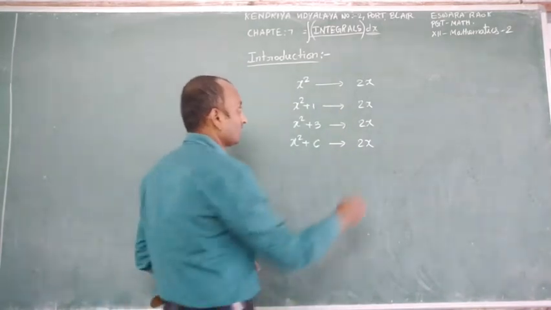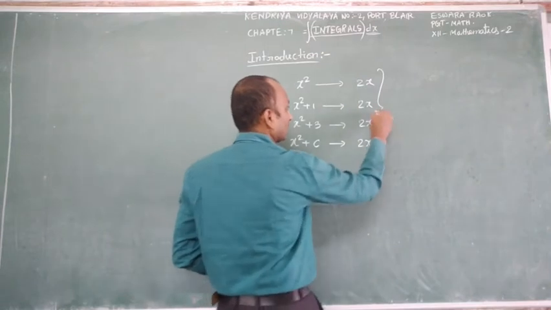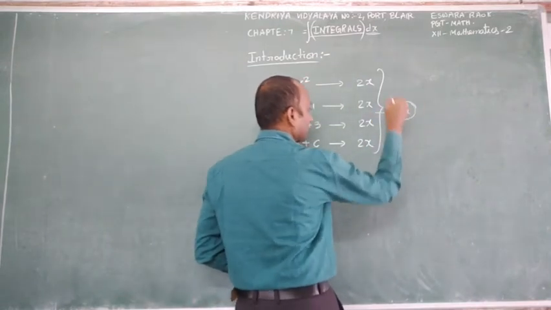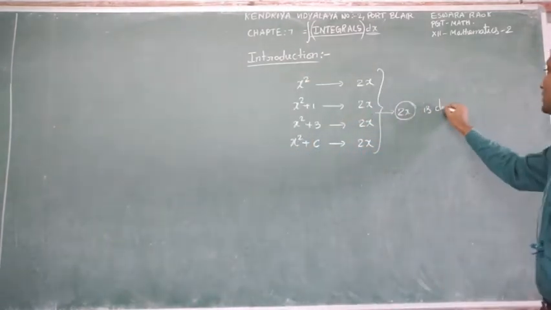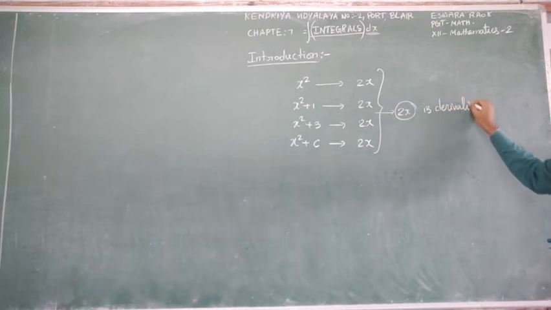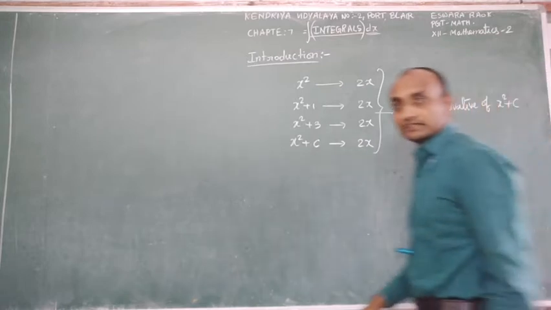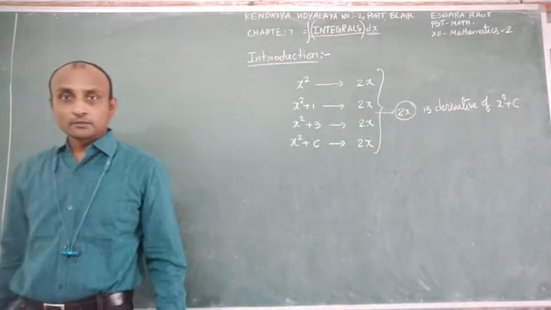That means 2x is the derivative of x square plus c.